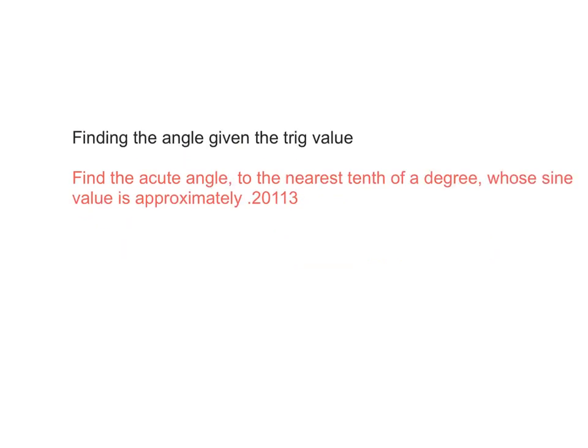All right, now I'm going to go backwards. This time they're telling me that the sine of some angle is this. So really sine theta is 0.20113. I will show you this on your calculator in class tomorrow, but if you have your calculator with you right now, look directly above the sine button. There's a little sign that looks like sine -1.